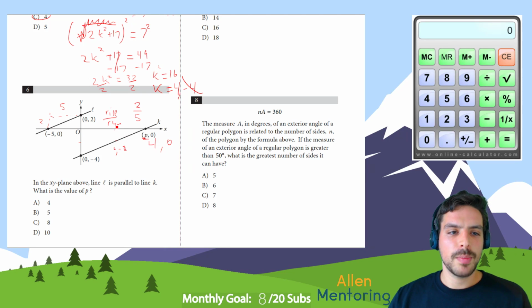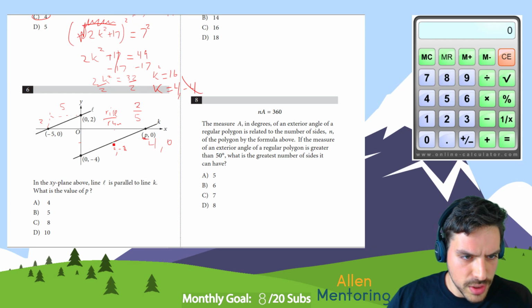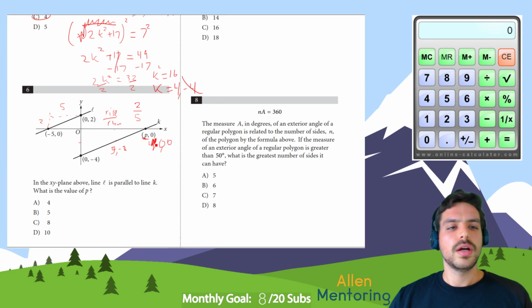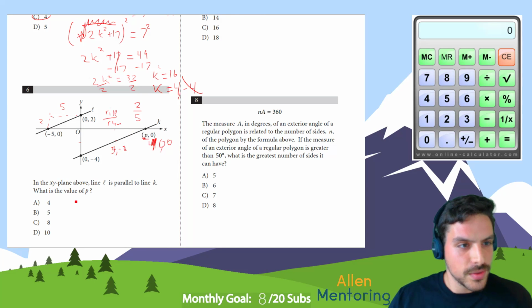All right, because it's running up 2 and running over 5. Oh no, sorry, I'm losing my mind here. This is 5, negative 2, and this is 10, 0. All right, because it's running over 5 every time. That's my bad. So the answer to 6 is 10.